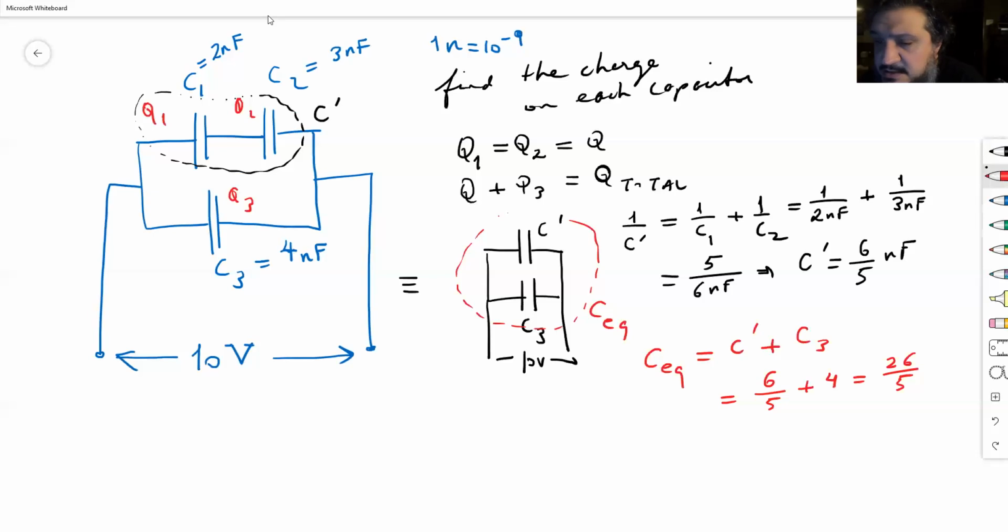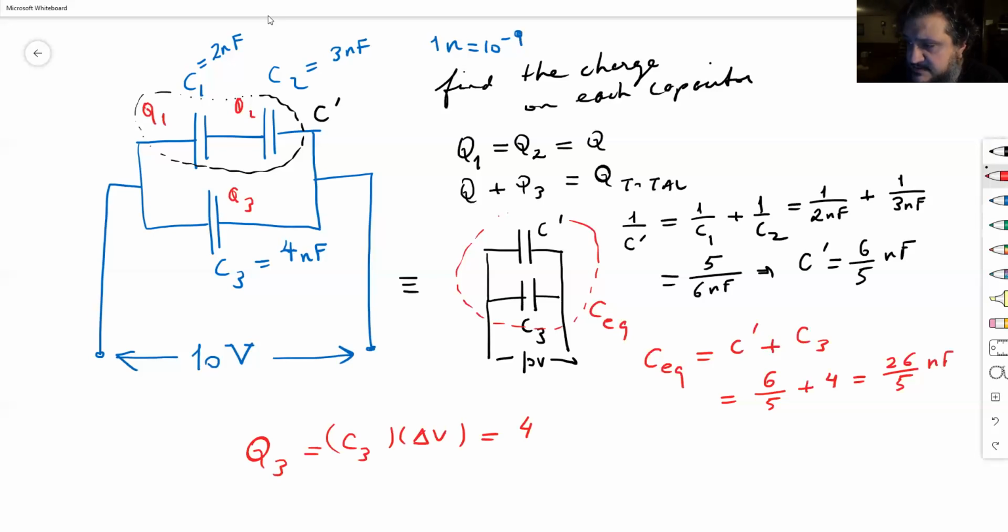How do you find the charges then? For Q3, you just multiply the capacitance C3 by the potential difference. So that is 4 nanofarads. These are in nanofarads. 4 nanofarads times 10 volts. That's Q3.